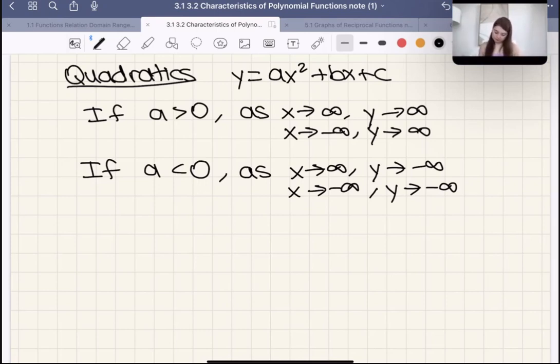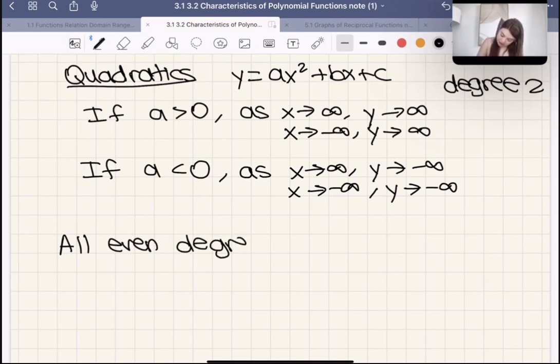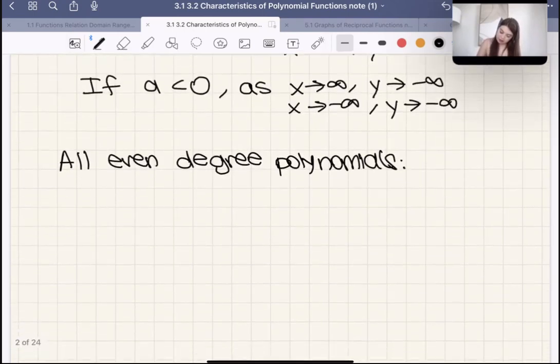Good. Now, what we're observing about quadratics can be generalized to all even degree polynomials. Because quadratics are degree 2, but this can be generalized to all even degree polynomials. So all even degree polynomials are going to follow this pattern. In this case, we chose a because that's our leading coefficient.